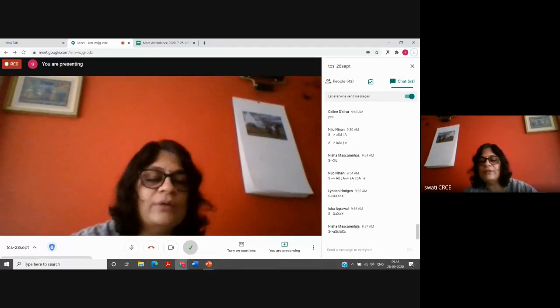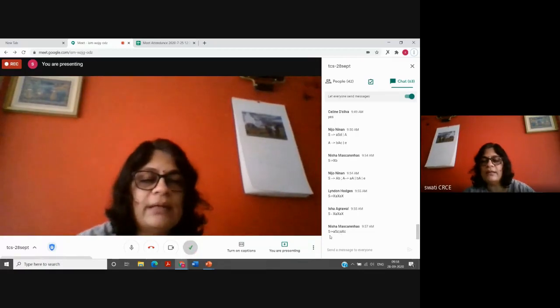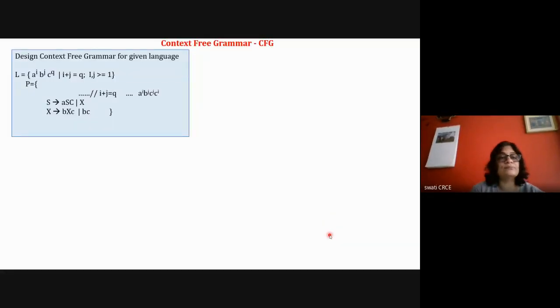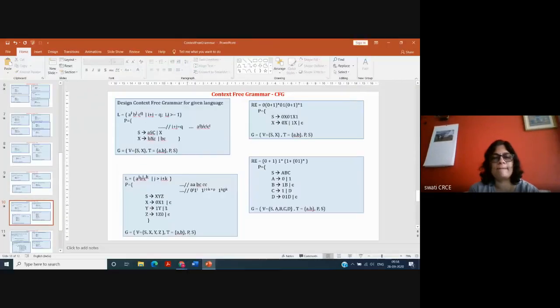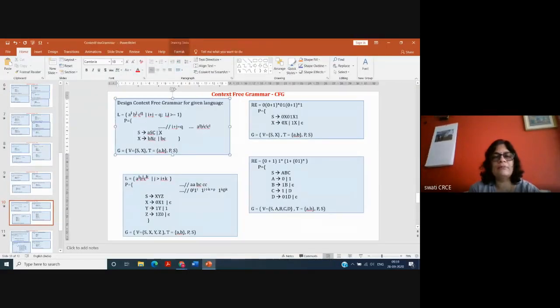But if I say directly X, then it will be a wrong answer, because it may have a 0. i and j are greater than or equal to 1, so it should be aXc. It should be aXc, and this is small c.